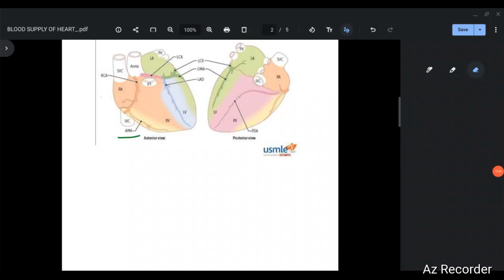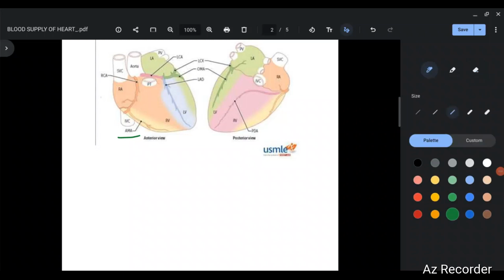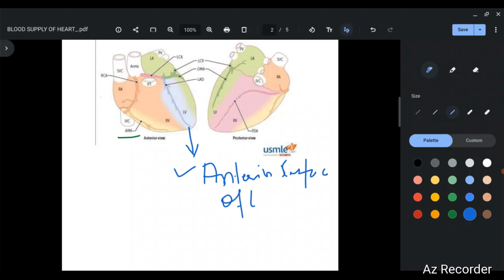Before taking the quiz, a very important thing I just forgot to tell you. What is the area of supply of your left anterior descending artery? It's actually the anterior surface of the left ventricle, and just beneath this interventricular groove you will have your interventricular septum, somewhat like this.